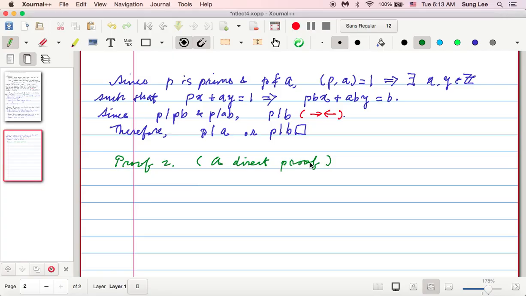Often proof by contradiction is much easier and shorter than direct proof, and quite often direct proof of a certain statement is extremely difficult. So it's not always easy or even possible to come up with different ways of proving a given statement.